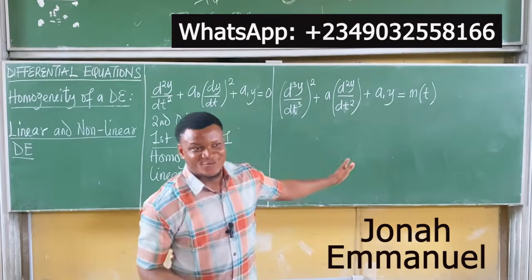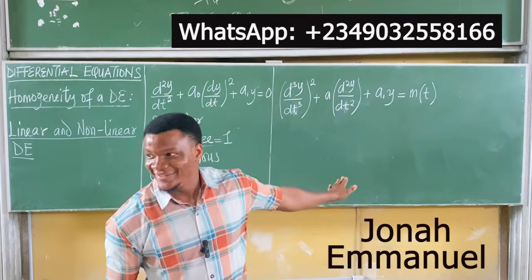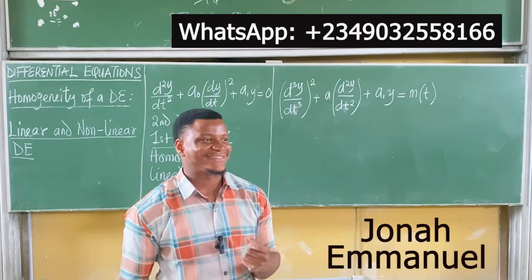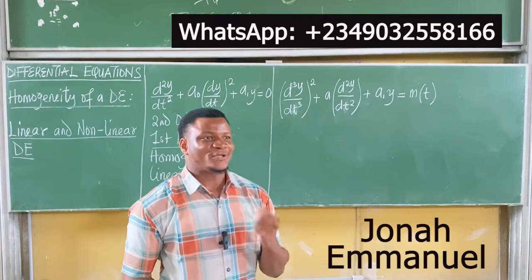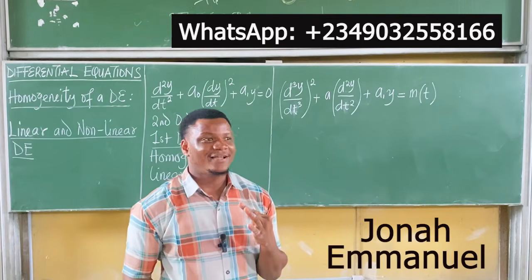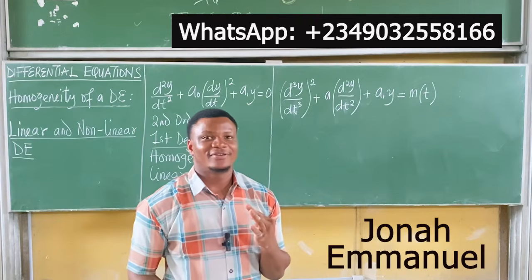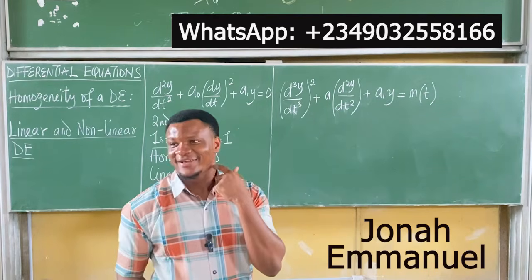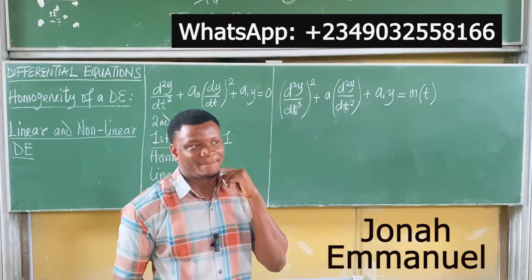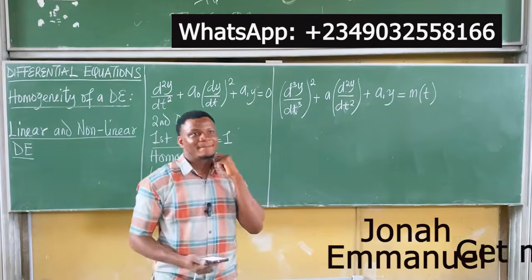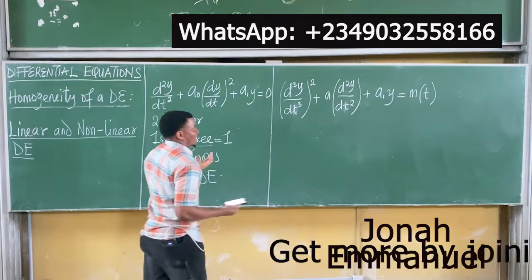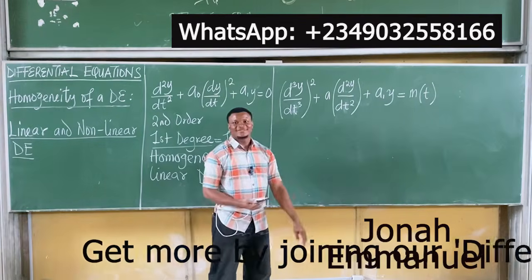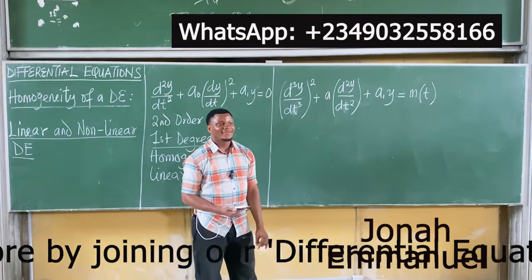Now, check. Is that the only error here? Check very well. Can you spot another error here? There's one last thing here. No, I can see a1. No problem, that's not really an error.